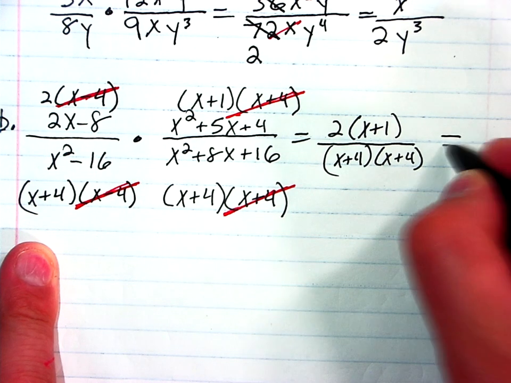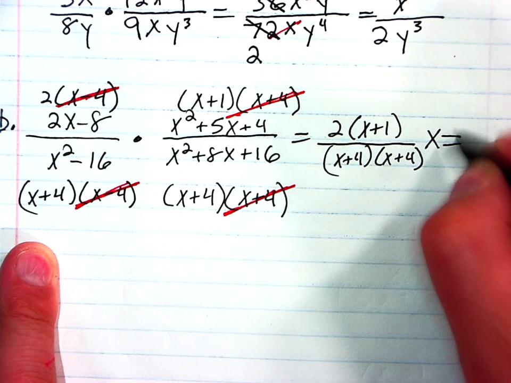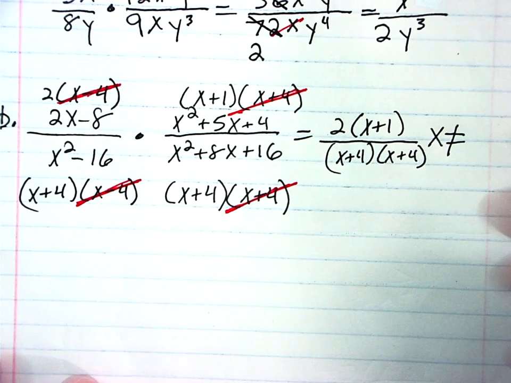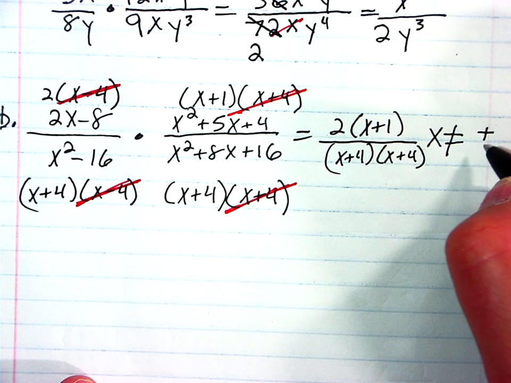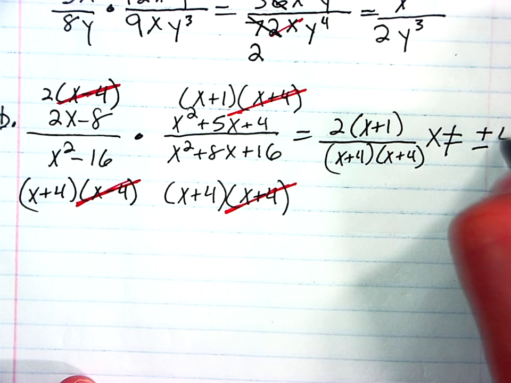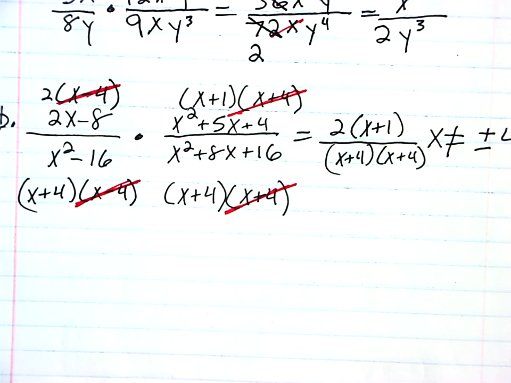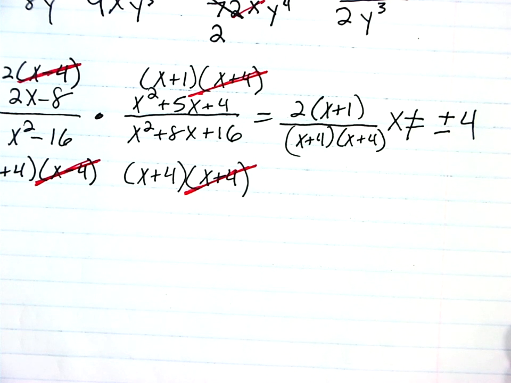What is x not allowed to equal? Plus or minus 4. That is your final answer.